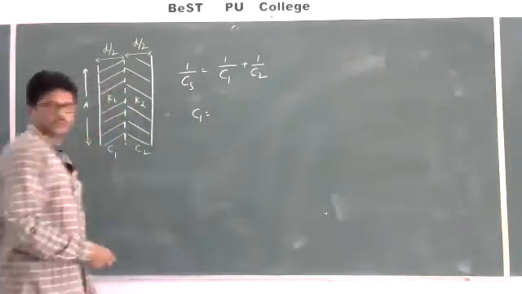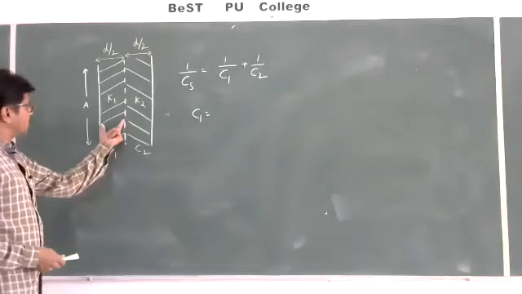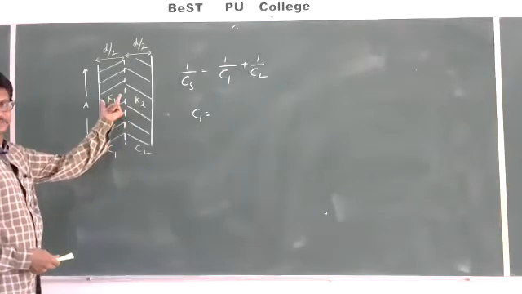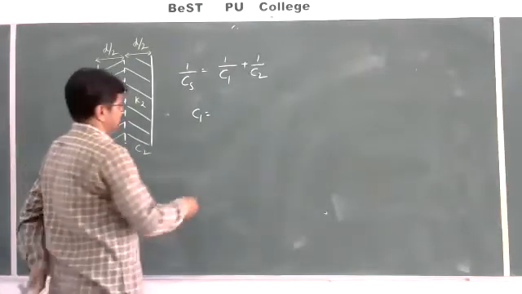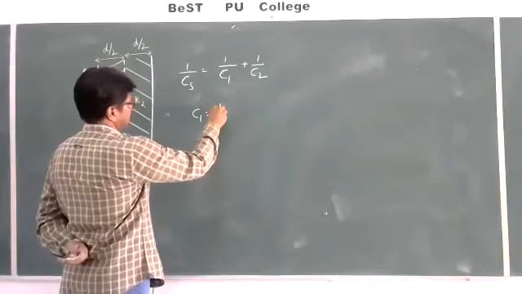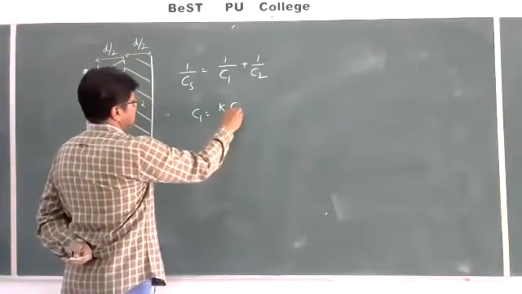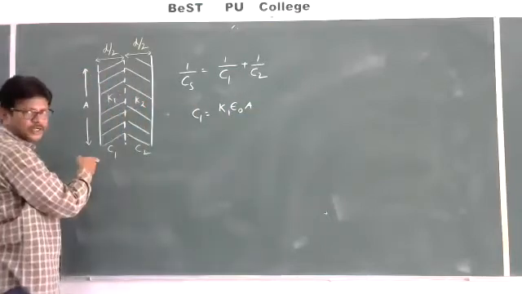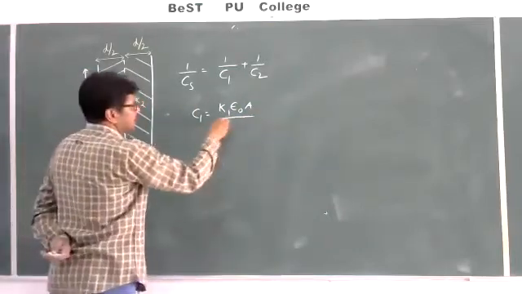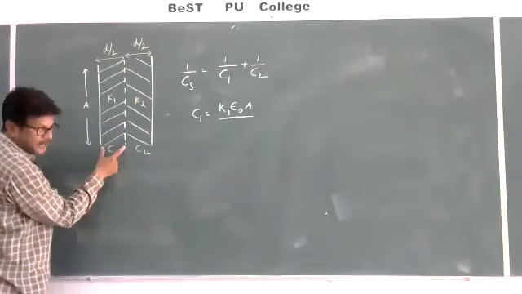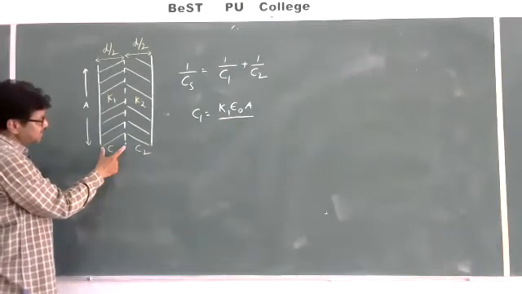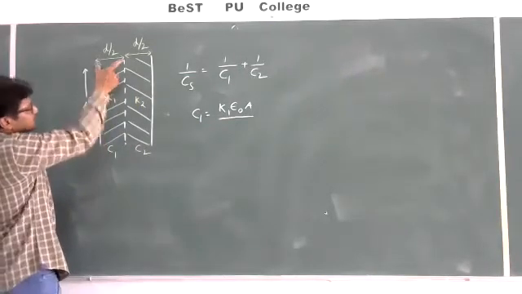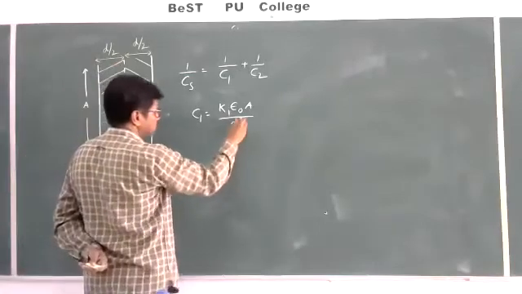C1 is equal to, here it is completely filled with a dielectric, K1 epsilon naught, area of each plate is A only, and the distance between the two plates is d by 2.